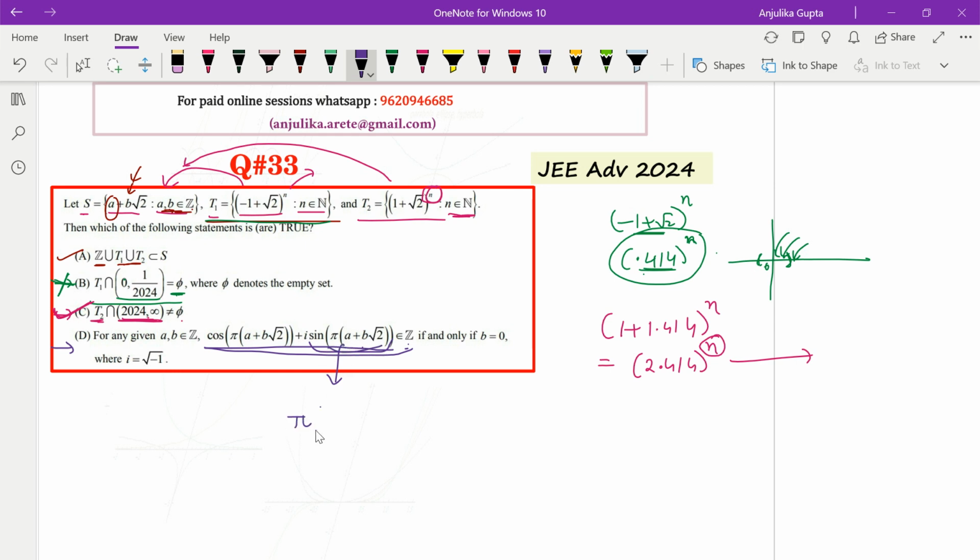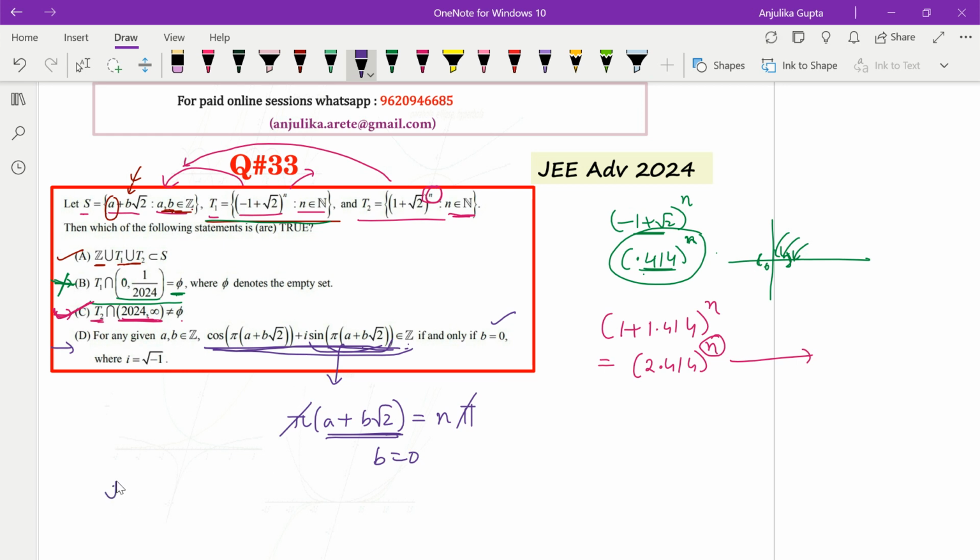So you're saying this thing should be an integer multiple of pi. Pi cancels out, which means this is an integer. When can this be an integer? When your B is 0. So this is true: this is an integer only when B is 0.